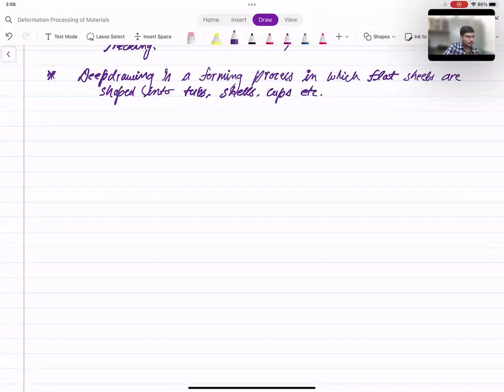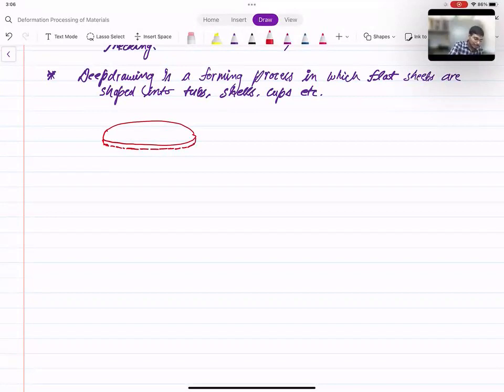So let us see the schematic representation, how the blank is placed into the holder and what are the names of various components used in this process. Okay, so let us say initially there is a sheet. It is a metal disc or sheet which we will be using as blank.